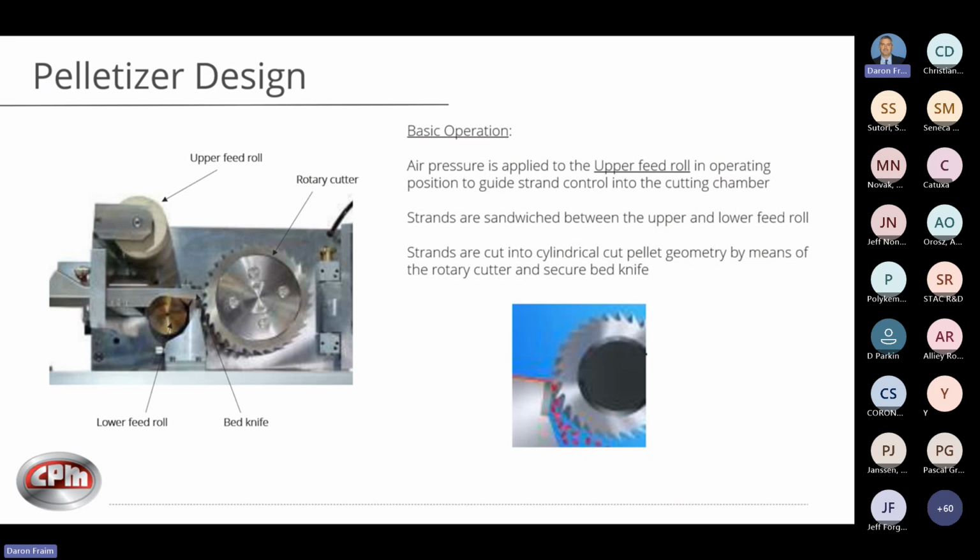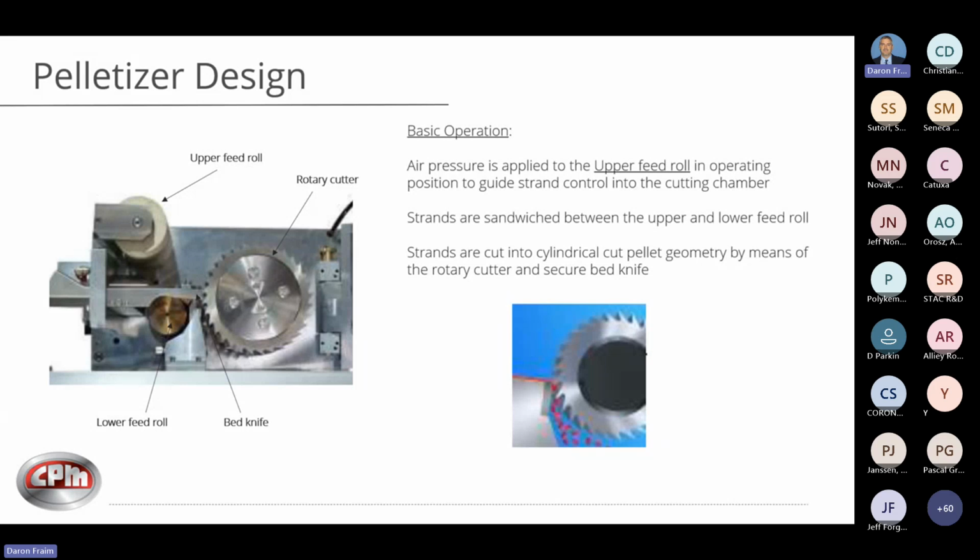Essentially, when you start this pelletizer unit, there's usually a position where you'll activate the upper feed roll. It'll lower into an operating position, and the strands are sandwiched between the two rollers. The rollers control the strands. The idea is to feed the strands at 90 degrees to the rotary blade, so you want them to feed directly straight in.